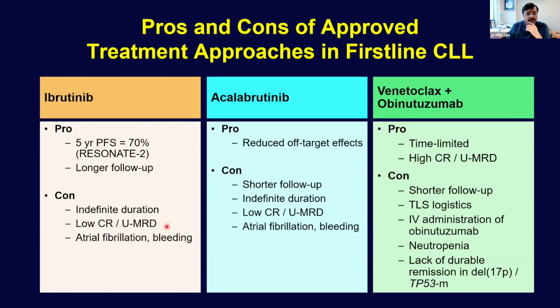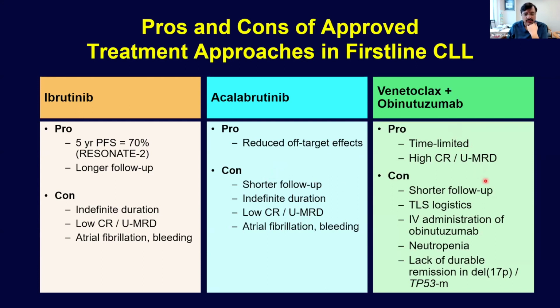Certainly, it's an indefinite therapy, with low rates of remission, and then we have to deal with atrial fibrillation and bleeding. Certainly in the Indian context, because of the cheap generic version available, I think it's more affordable for the patients. For acalabrutinib, it has reduced off-target effects. Otherwise, some of the side effects which you see with Ibrutinib are still here, but at a lower frequency. And this drug in general is better tolerated than Ibrutinib.